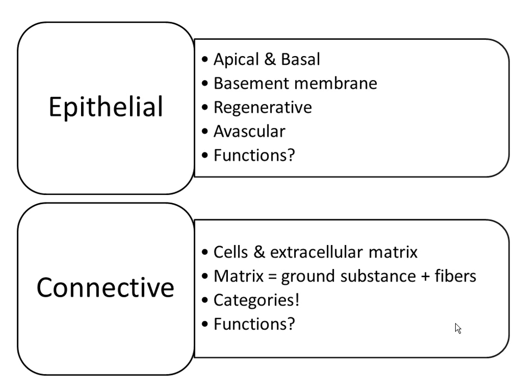Connective tissue, completely different category. So remember, this is cells in a non-living extracellular matrix. In class I said, this is cells in some stuff that they made. That stuff is background material called ground substance and fibers, and the fibers were proteins, including collagen. There are categories of connective tissue.